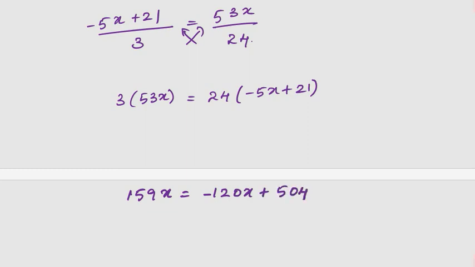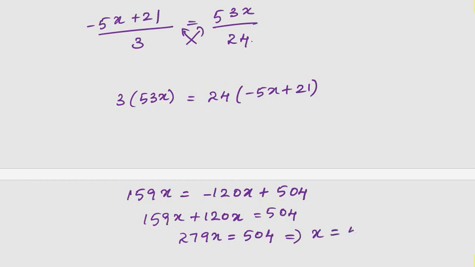So let us take the x terms together, that is 159x plus 120x is equal to 504. So that is 279x is equal to 504. So from this we get x is equal to 504 divided by 279.